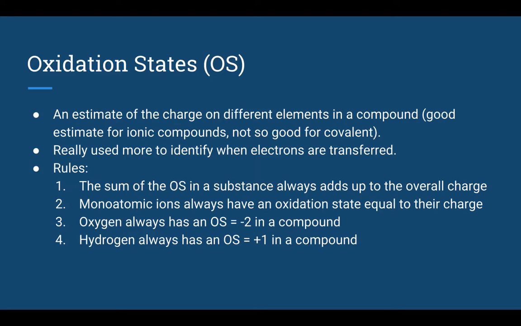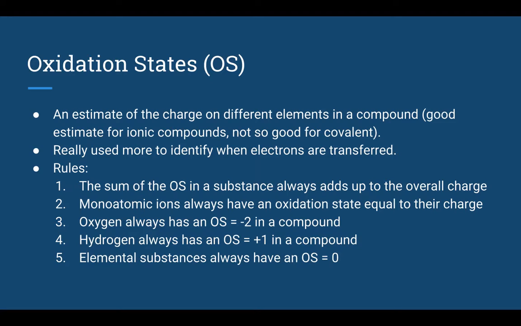Okay, but those are 2 rules, rule 3 and 4 here, that are almost universal. There are very few exceptions to those rules. The reason we specify that oxygen and hydrogen have those oxidation states when they're in a compound is that all elemental substances always have an oxidation state of 0. Okay, so elemental oxygen gas does not have an oxidation state of -2.